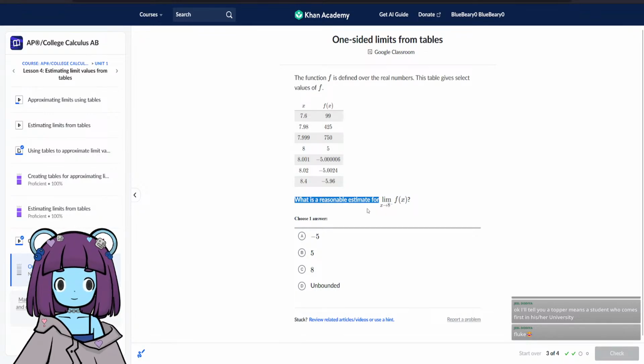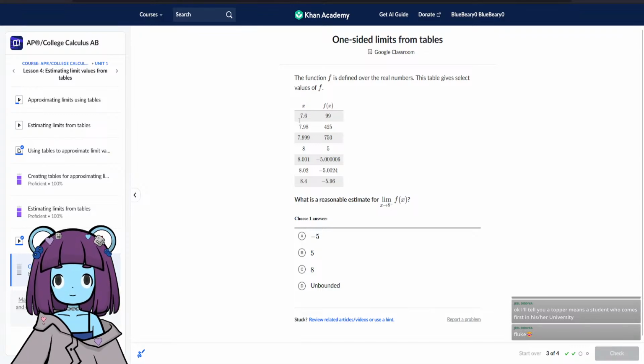What is a reasonable estimate for the limit of f of x as x approaches 8 from the left side? From the negative, or the lower, the less than 8 side. So it will approach from this side.